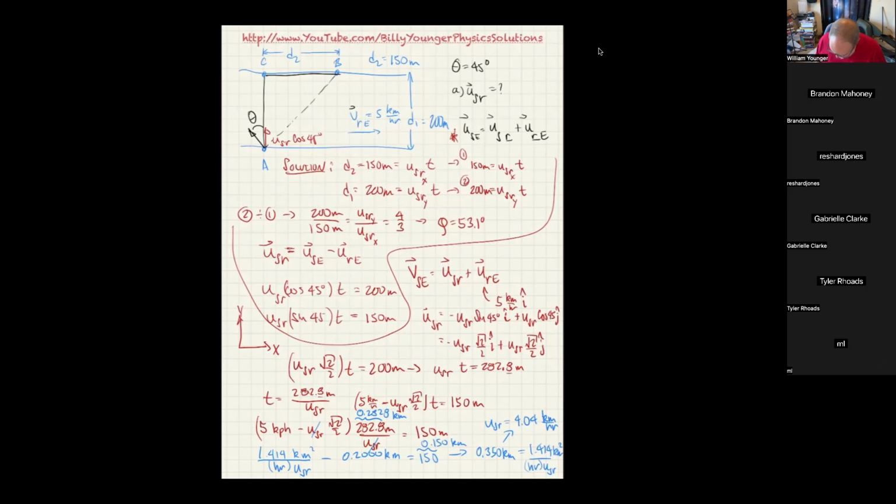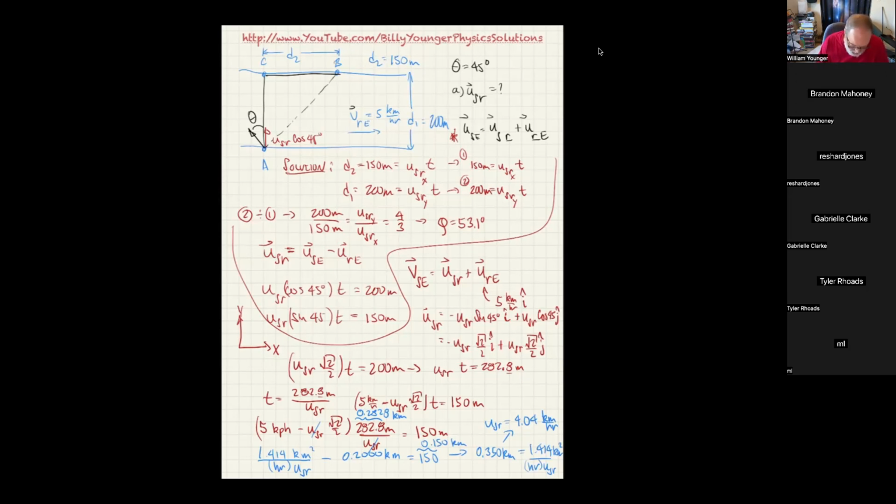So I'm going to say minus 5. That gives me 2.14 to the right. And in order to get 2.14 kilometers per hour to the right, a distance of 150 meters, I'm just going to check and see how much time that would be. That time should be 0.150 divided by 2.14 kilometers per hour. That gives me 0.07 hours. Okay, so that's just the amount of time.